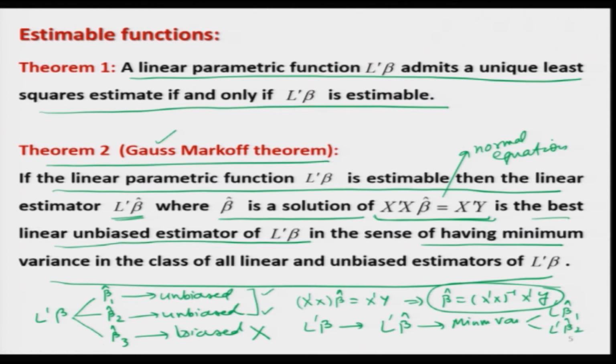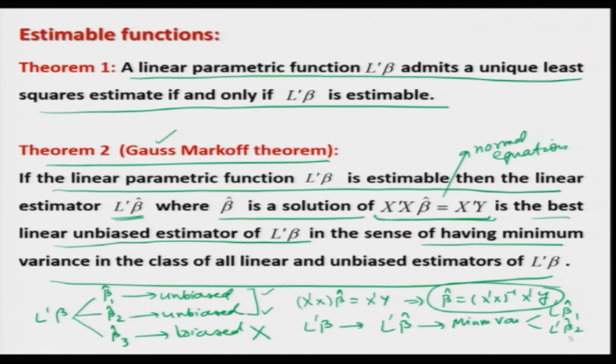So, this theorem is simply informing us that if you use the least square estimator to estimate the parameter vector beta in the linear model, and use it to estimate the linear parametric function L transpose beta, then this will give you the minimum variance unbiased estimator of L prime beta.